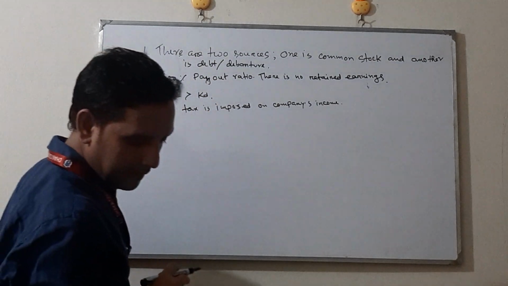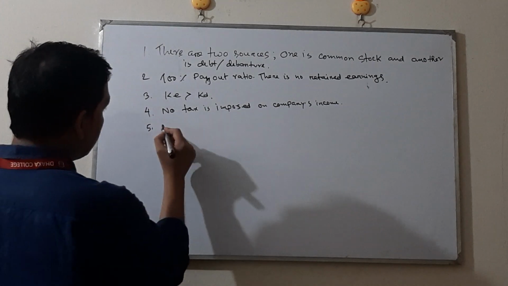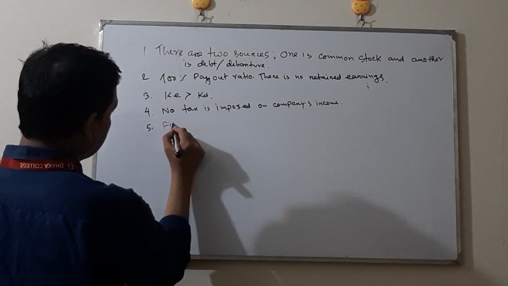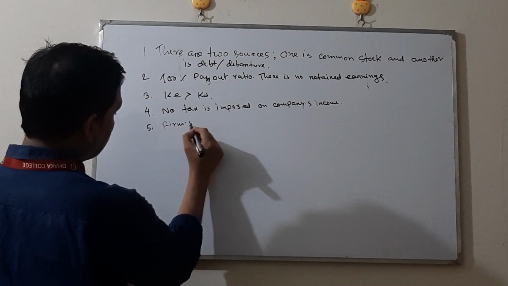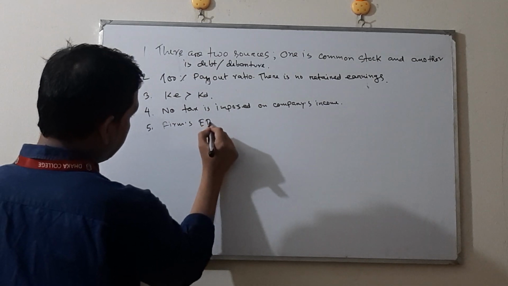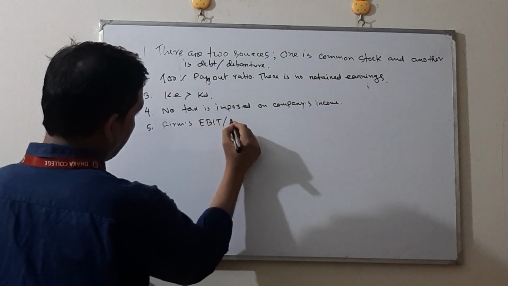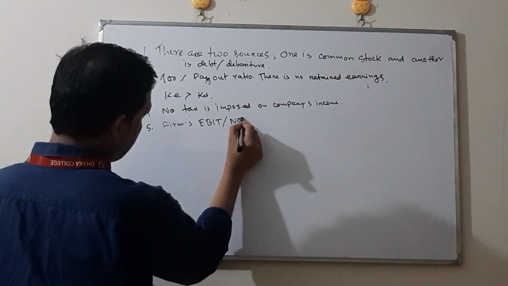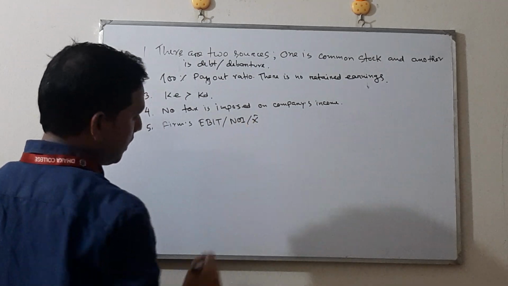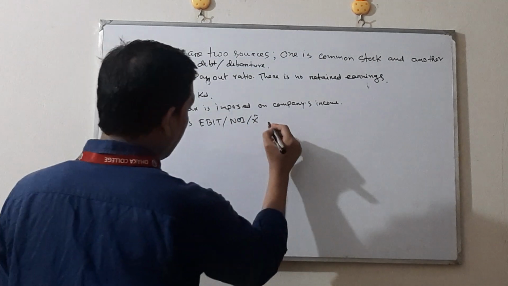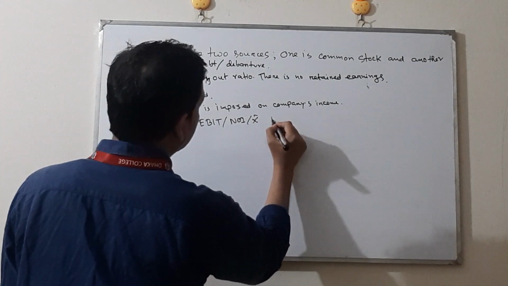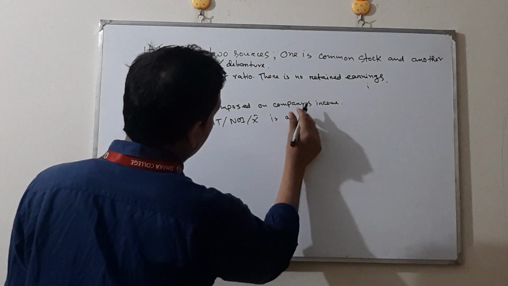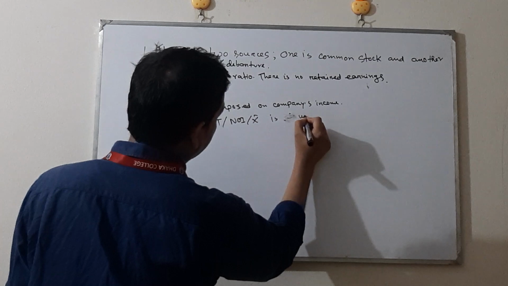Five, the firm's EBIT or net operating income, X bar, is unchanged.